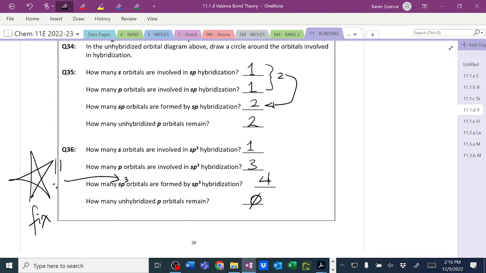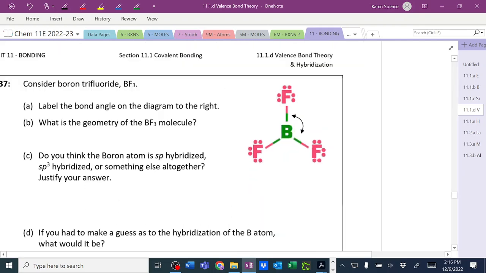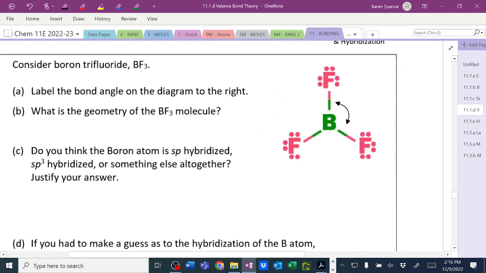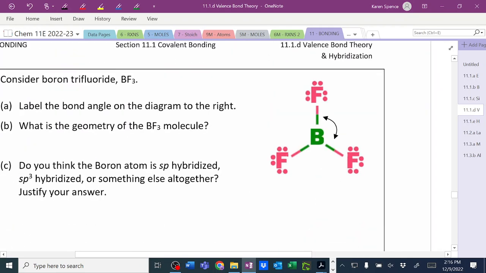We've got sp3, we've got sp, we need sp2. Let's take a look. Here is boron trifluoride. What's our bond angle going to be here? That's 120.